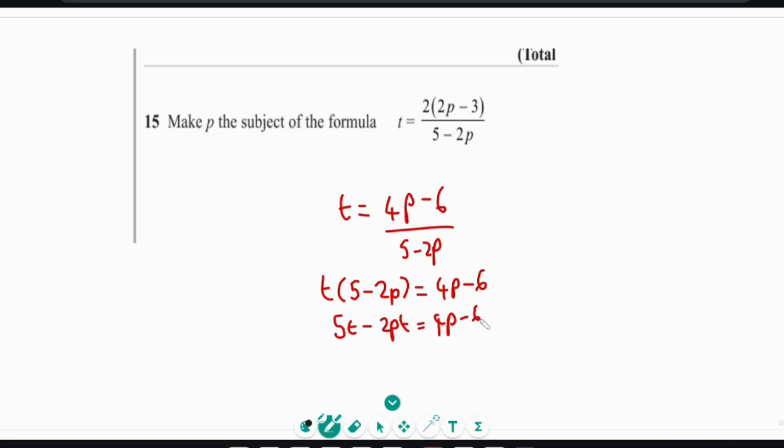Anything with a p I'm going to get on one side, anything without a p on the other side. So I think I'm going to get my p's to the right hand side by adding 2pt to both sides. So 5t equals 4p minus 6 plus 2pt. I'm going to bring my minus 6 over by adding 6 to both sides.